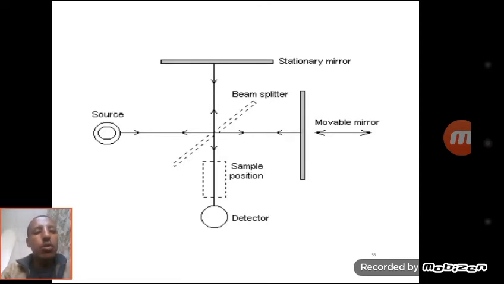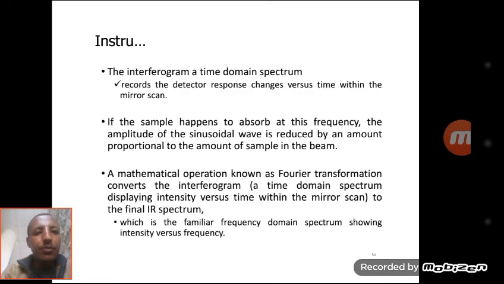As a result, the recombined beam of light passes through the sample in the form of an interferogram, and passes to the detector and is detected as the interferogram.